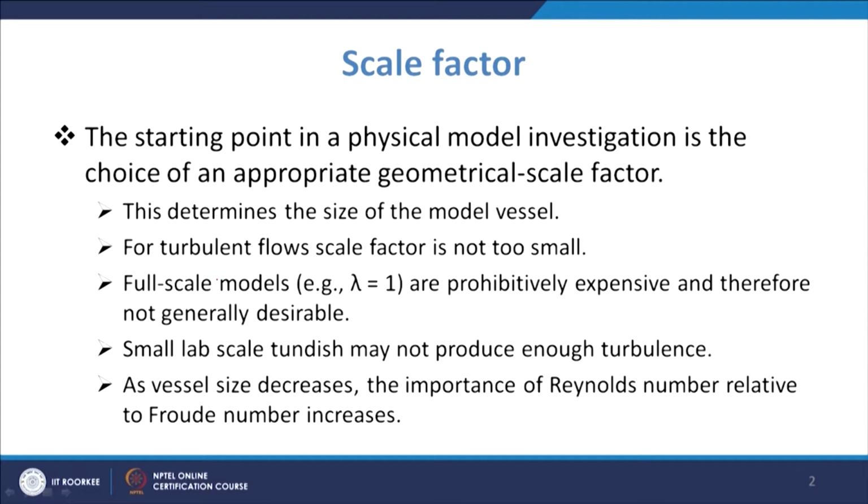Then, when you are talking about the turbulent flow, if you take a very small scale factor, it may not represent the flow which is actually taking place, because that is not going to create enough turbulence inside the tundish.